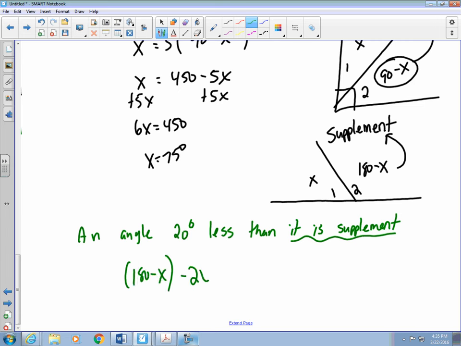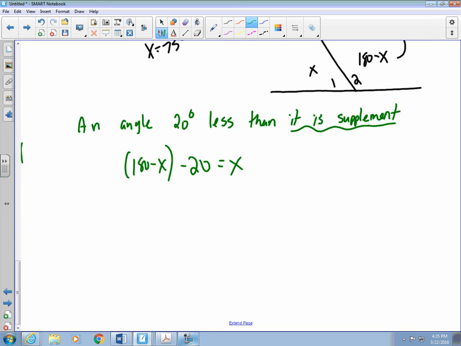Minus 20. So that would be that expression, an angle 20 degrees less than its supplement. What is that angle? So you would say it's equal to x, and you would go through that process and solve that, which is just 180 minus x minus 20.